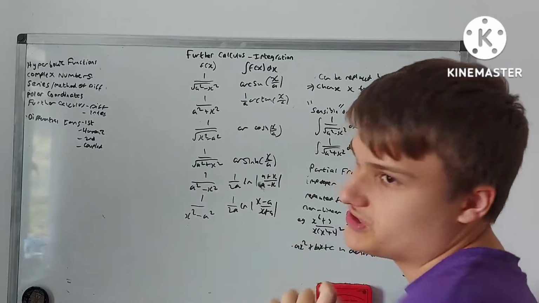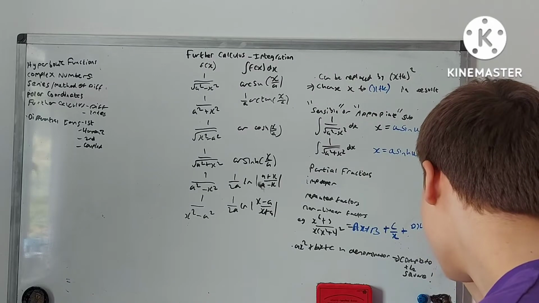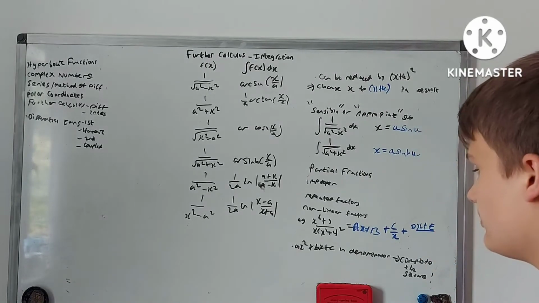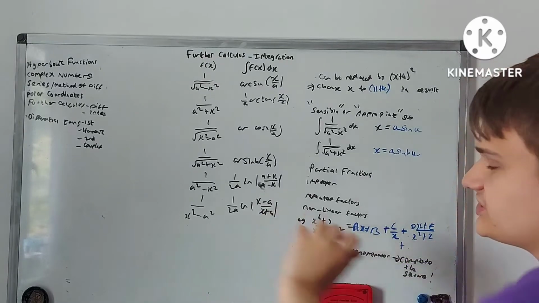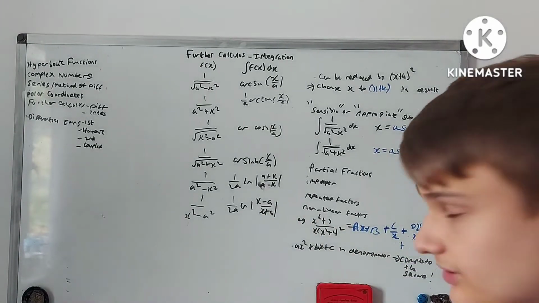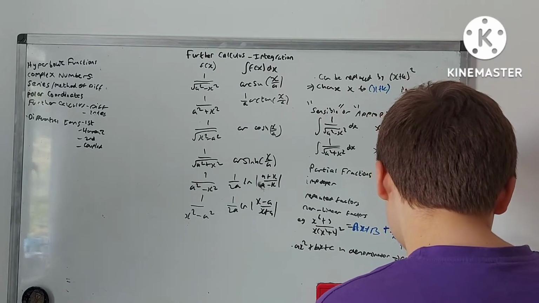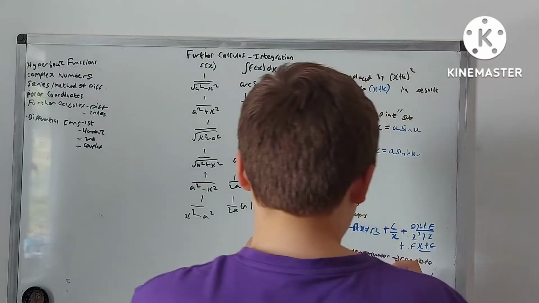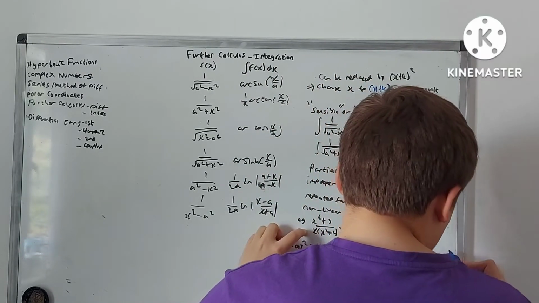But I'm also going to get, being careful, a dx plus e over this x squared plus 2. But I'm not finished, I need to deal with the squared bit as well. So I'm going to get fx plus g over x squared plus 2, all squared.